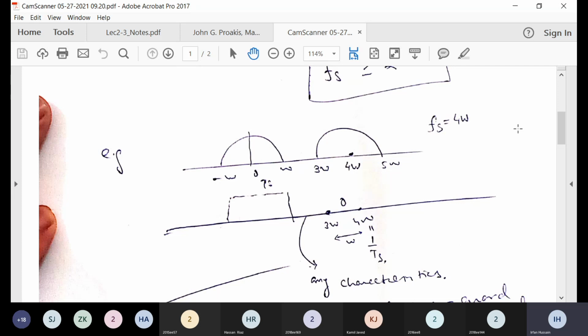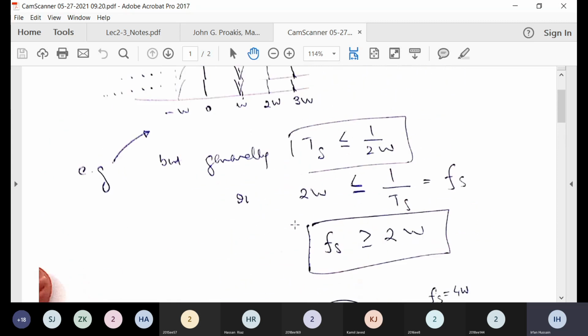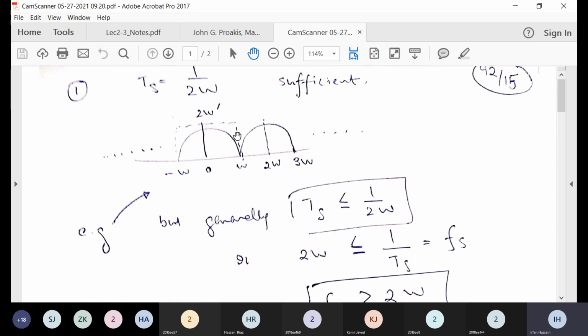So other than the mathematical rigorous proofs, this is the intuition: after sampling, your spectrum is replicated at sampling frequencies. By appropriately choosing the filter, it could be like this box, but the condition is the box should get only the baseband signal, the original signal.